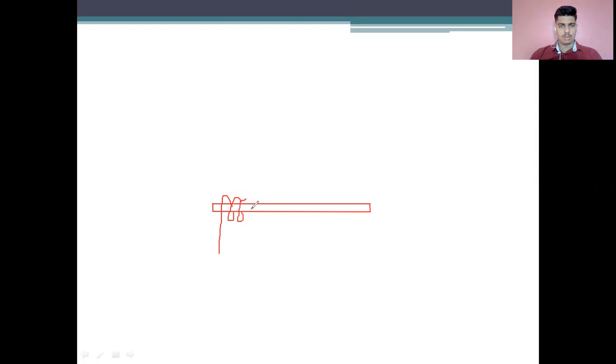So this is a coil like structure, and we are moving it in a circular way across the iron core, let's say. And now this is the end.